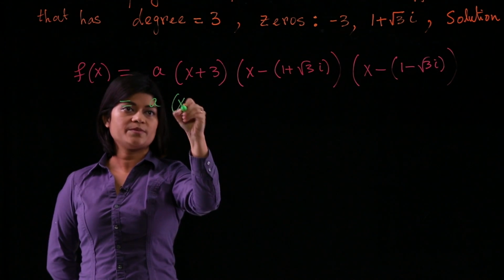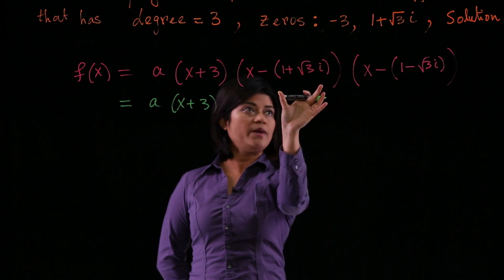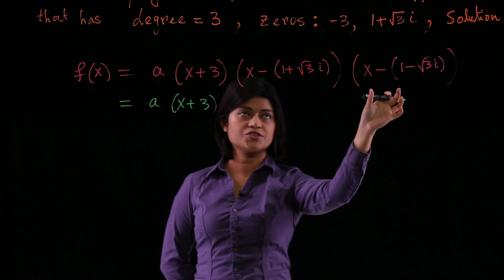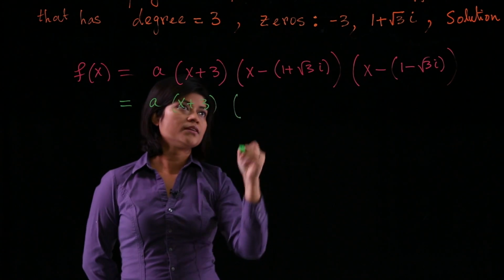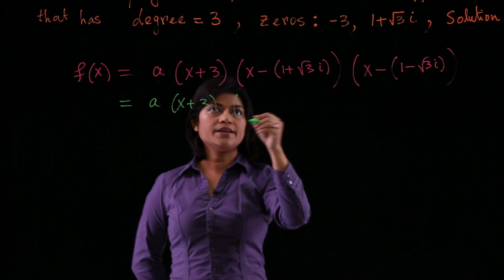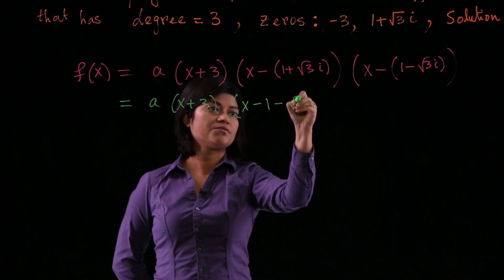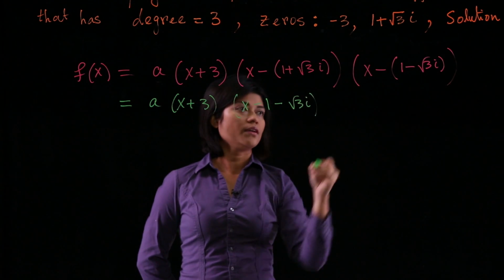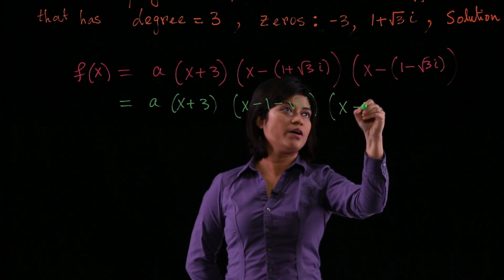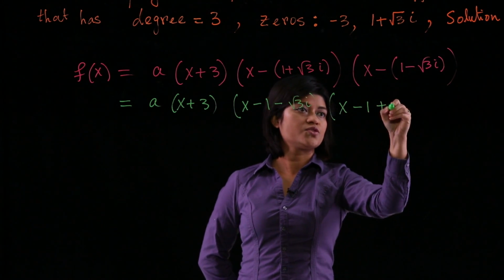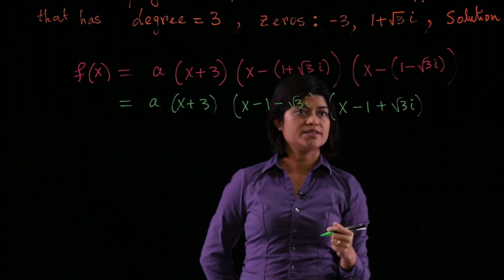For now, let's keep x plus 3 as it is, and I'm going to combine these last 2 factors together. Before I do that, I'm going to simplify a little bit. If you distribute the negative sign, you get x minus 1 minus square root of 3i, and from the last factor, you get x minus 1 plus square root of 3i, because negative times negative makes it positive.